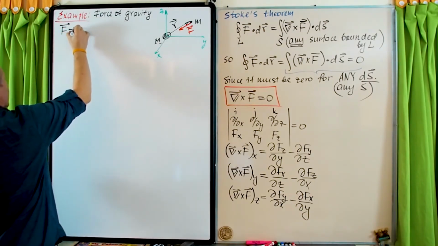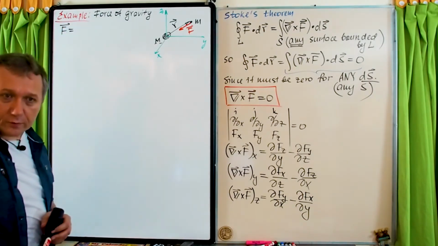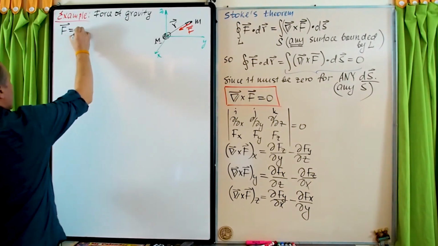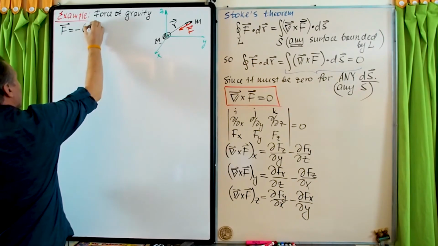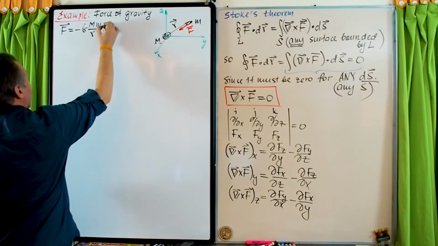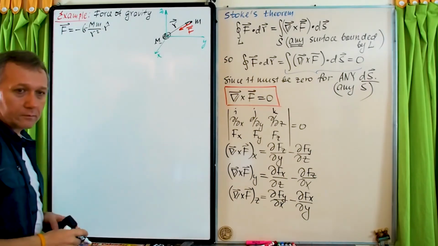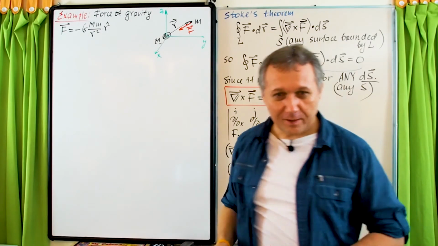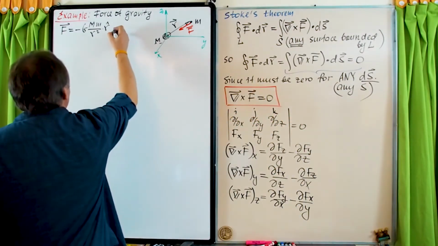So it will be force of attraction. So it will be in the negative R direction. So we'll have to write minus G M capital M small over R squared R hat. Too many constants. Let's just hide them for better times. Right.